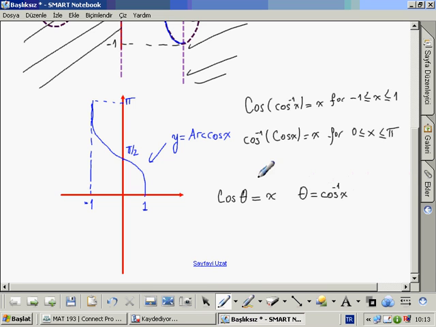If cosine beta equals minus x, we can write beta equals inverse cosine of minus x.